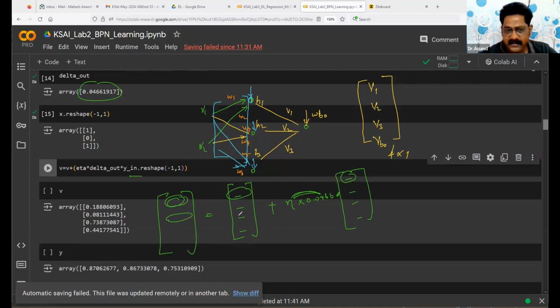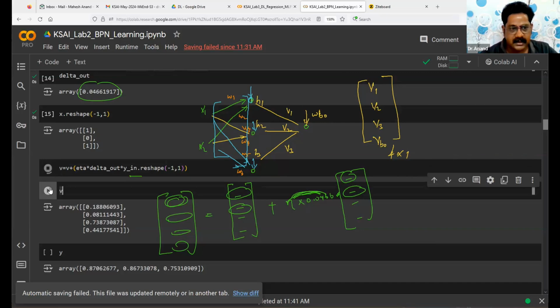Similarly, the second value, you take this one plus this product scaled by this. You get the second term, third term, fourth term. So you get the new V matrix. That is the calculation carried out here. It's a vectorized operation. We have updated the V.